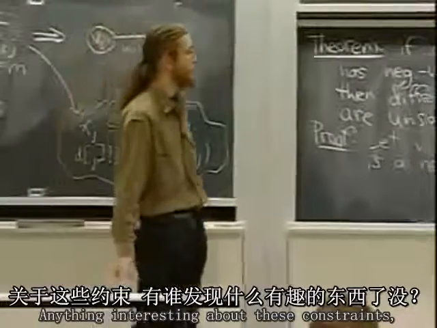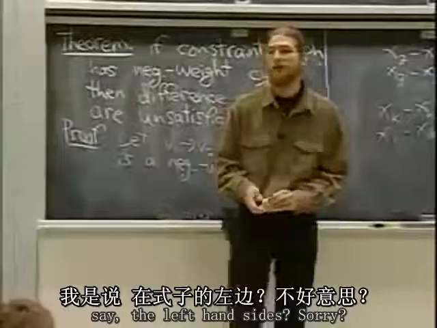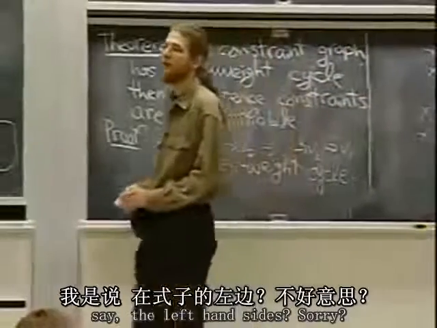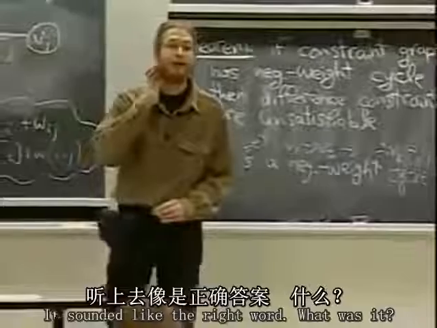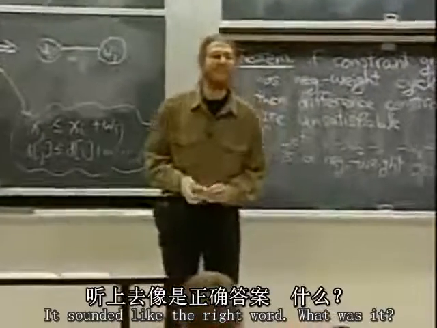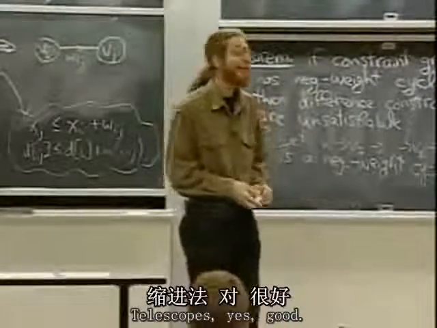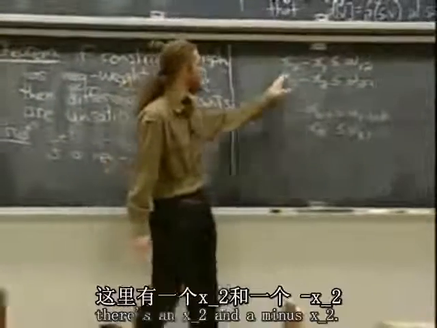Anything interesting about these constraints, say the left-hand sides? Sorry? Sounded like the right word. What was it? Telescopes, yes, good. Everything cancels. If I added these up, there's an x2 and a minus x2.